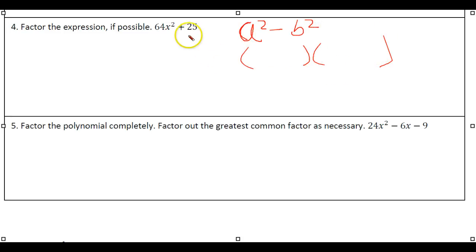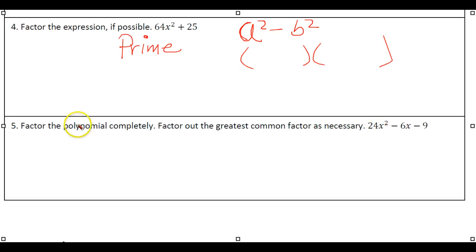But the sum of perfect squares, as we see it here, is what we call prime. It is not factorable. Later we're going to see we can do something with that, but not at this time.